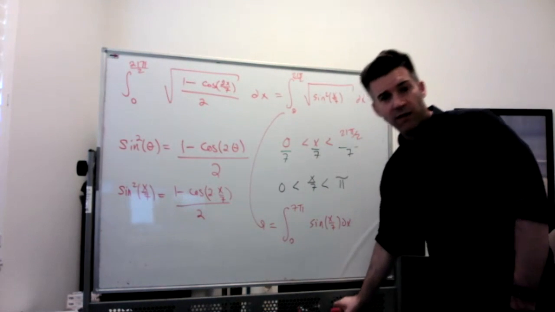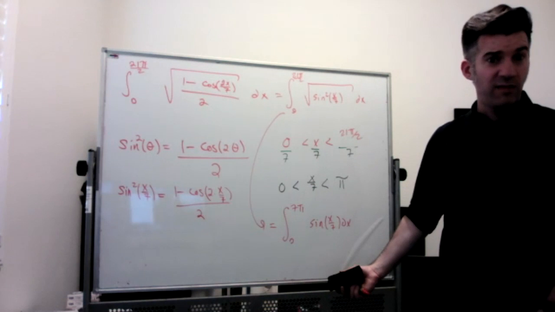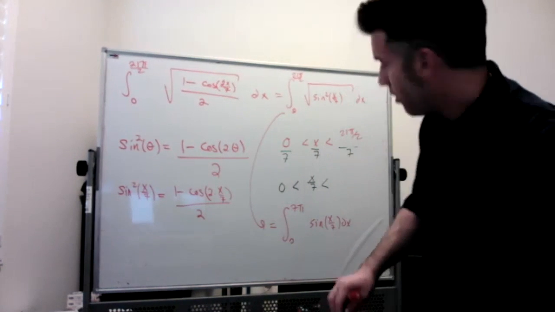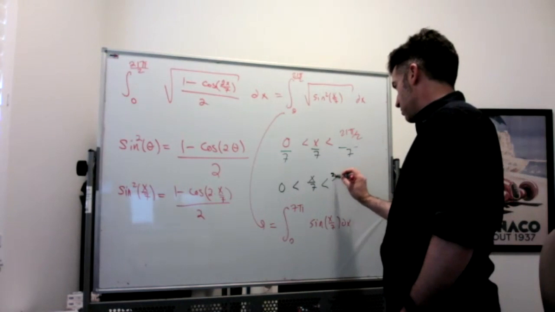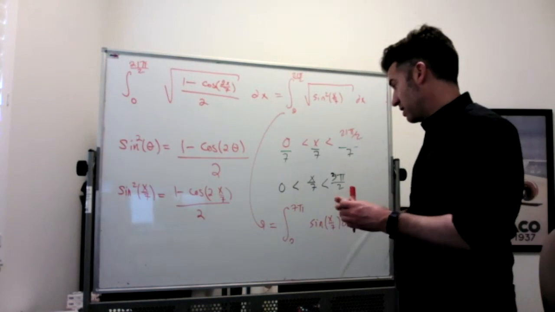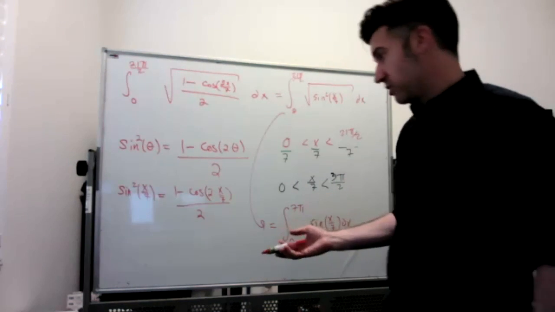So 21 pi over 2 divided by 7, well, 21 divided by 7 is 3, so you get 3 pi over 2. And now we have issues because our angle is going from 0 to 3 pi over 2.